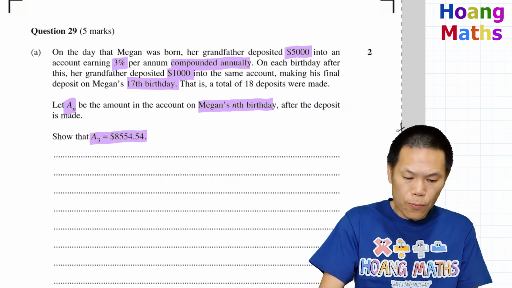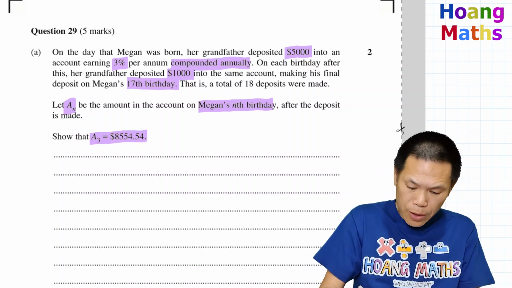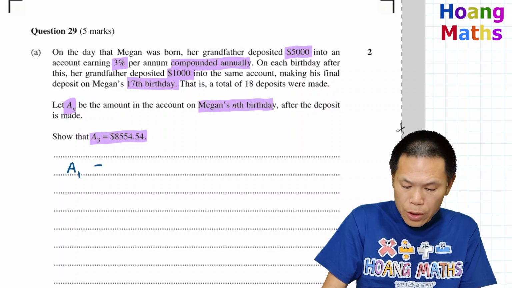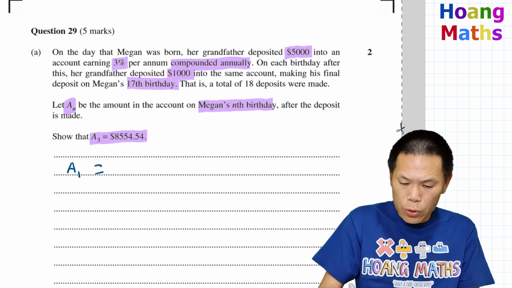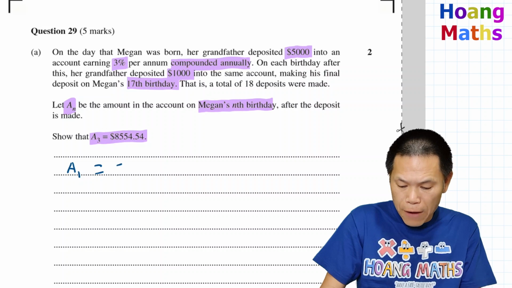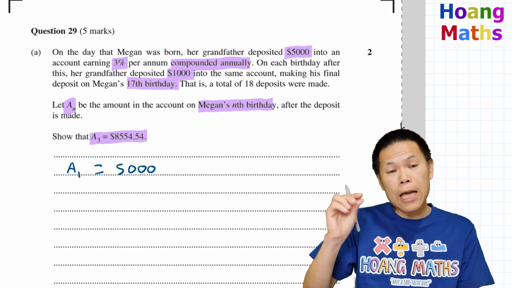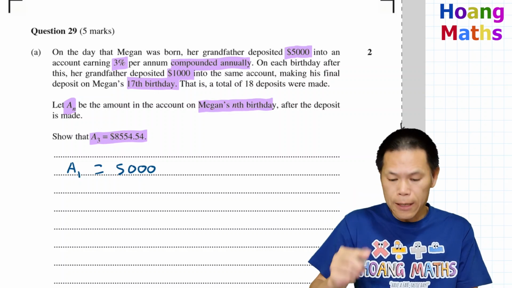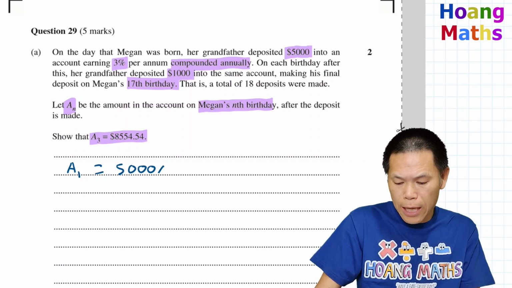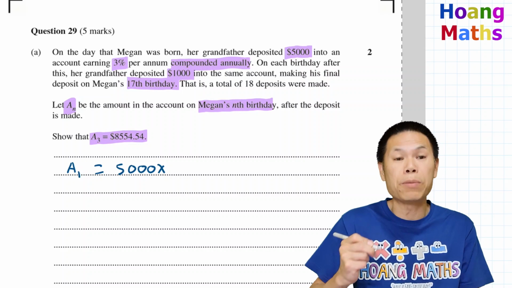So first of all, on her first birthday, that means A1. At the beginning, when she was born, she already had $5,000 in her account. And a year later, that is her first birthday, this has the interest of 3%.